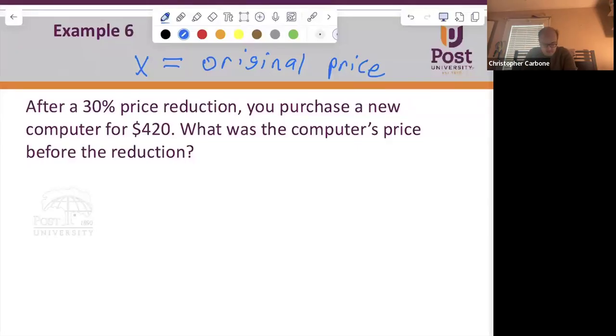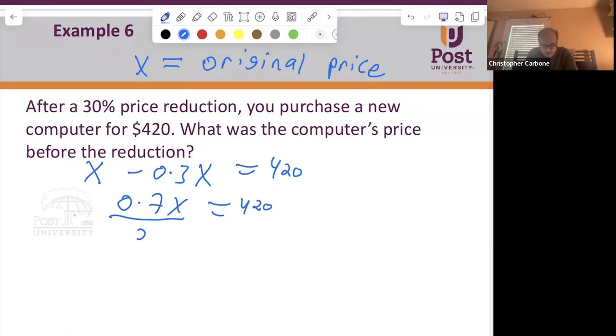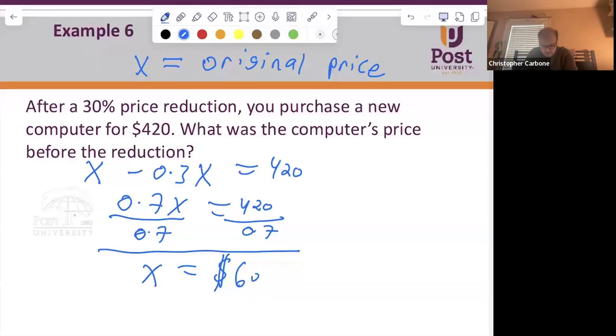So we're going to take the original price, subtract 30%, so 0.3x, and that's supposed to give us 420. So 1x minus 0.3x gives us 0.7x is equal to 420, and divided by this 0.7, 420 divided by 0.7 gives us $600 originally.